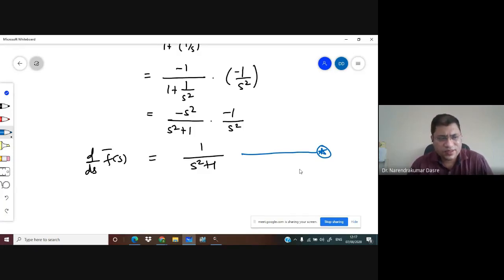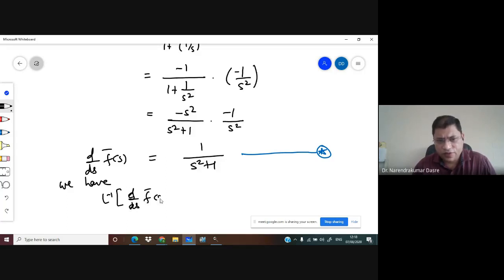Now, once the step 1 is completed, we go for the next. So we find the inverse of this derivative. So we have Laplace inverse of d by ds of f bar of s is equal to Laplace inverse of 1 upon s square plus 1.